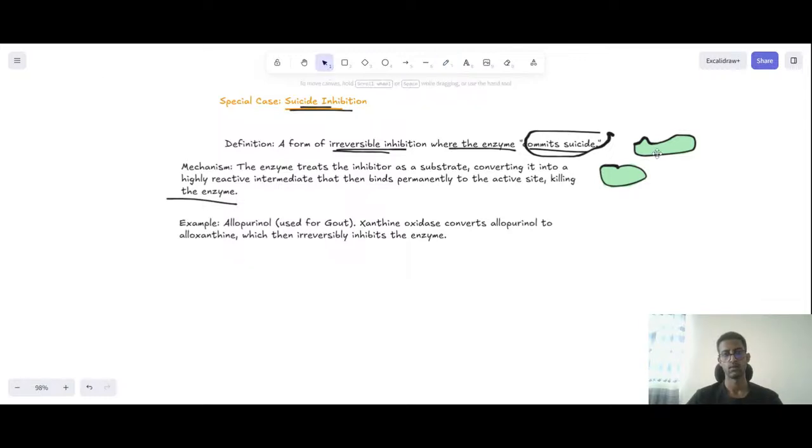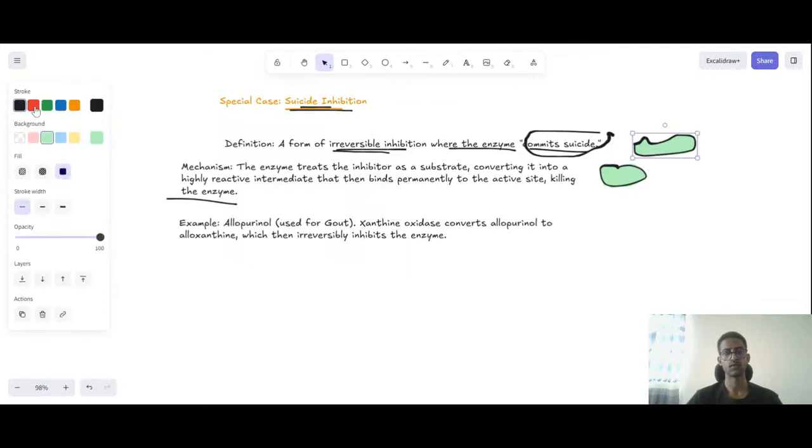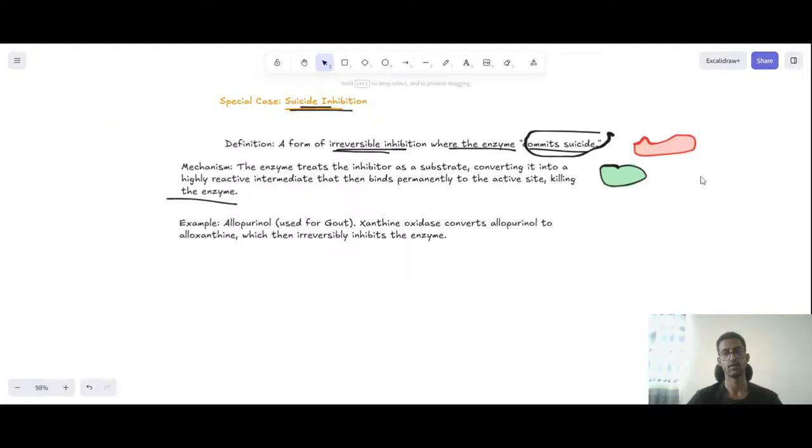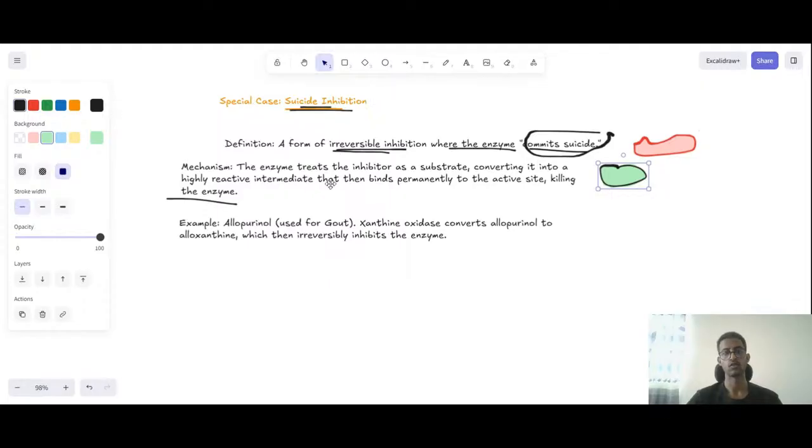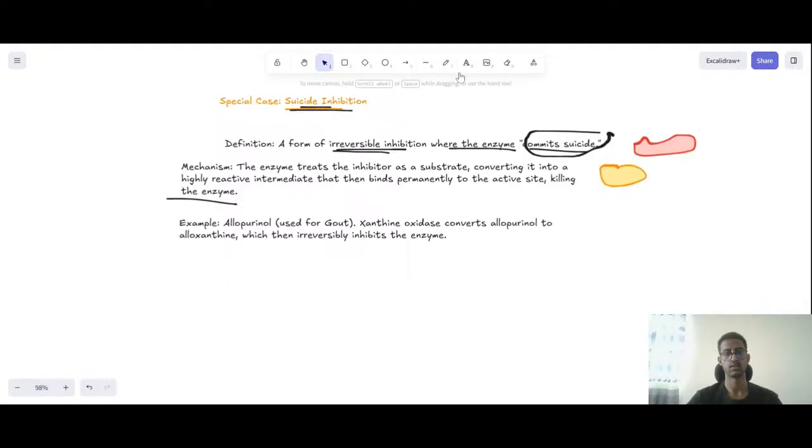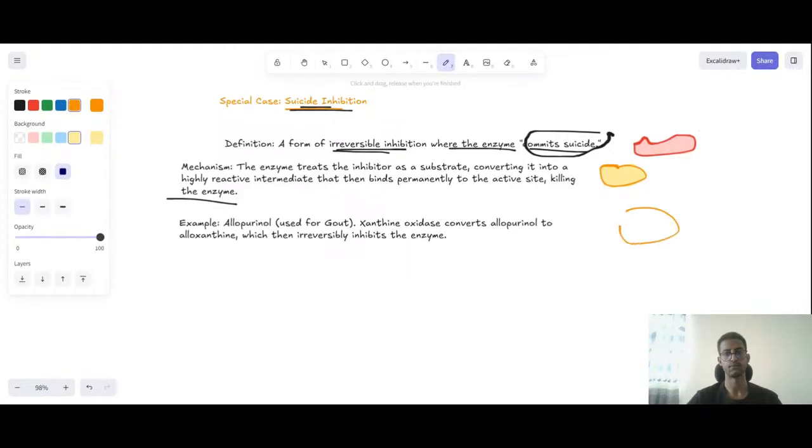So the enzyme, but there is also the green one, let's make it the enzyme here like this, because this is the substrate.